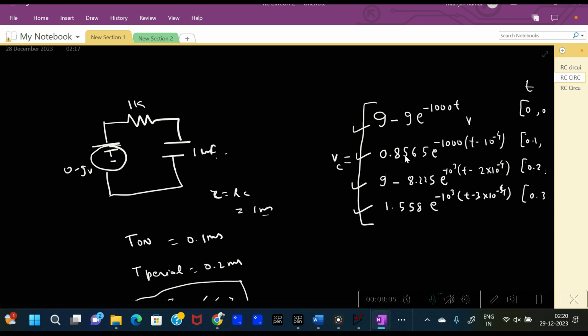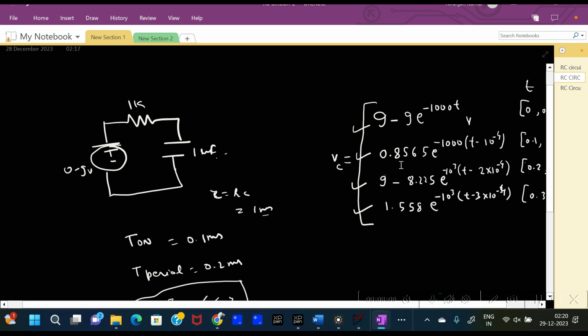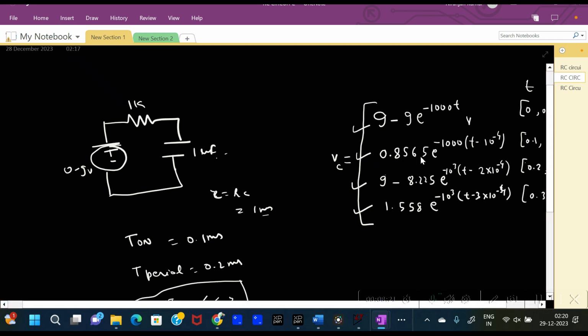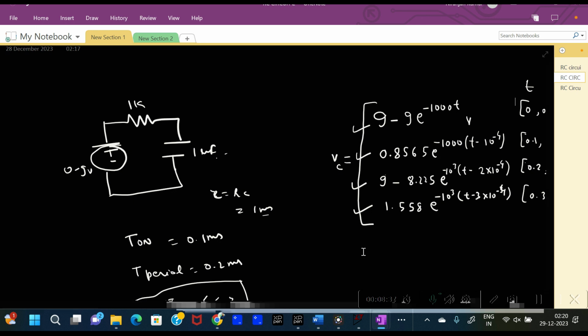On the very first charge it accumulated almost 856 millivolts, but it will discharge only about 1/10 of it, because we have 1/10 of the time compared to the time constant of 1 millisecond. It doesn't follow a linear variation because it is an exponential graph, so it will discharge exponentially.